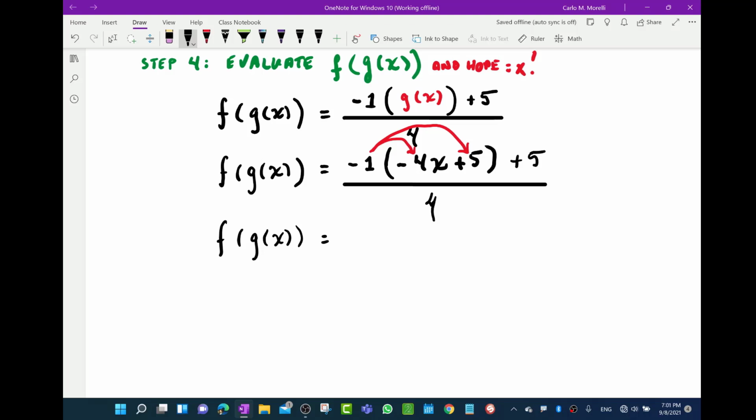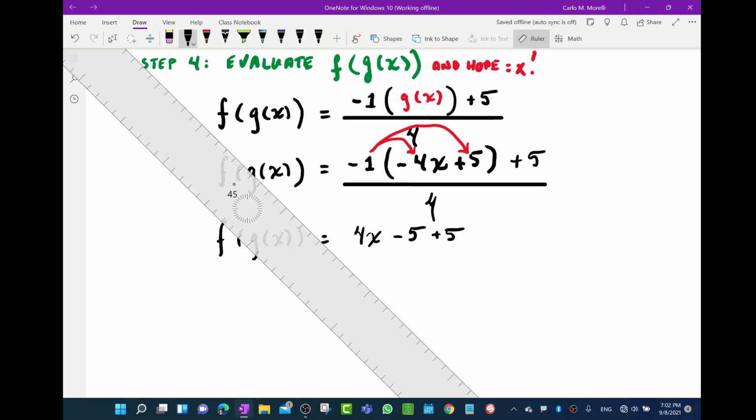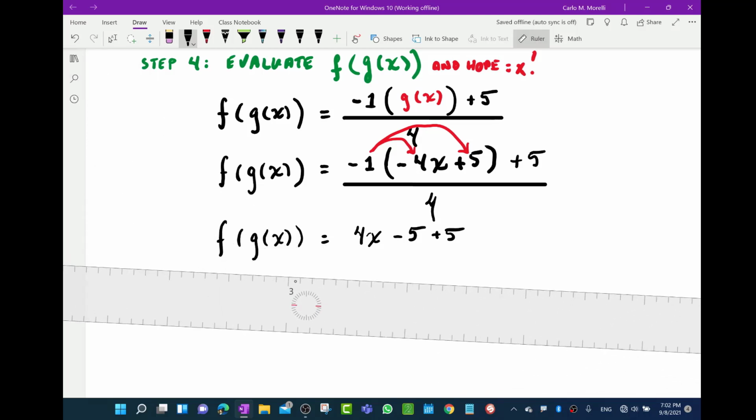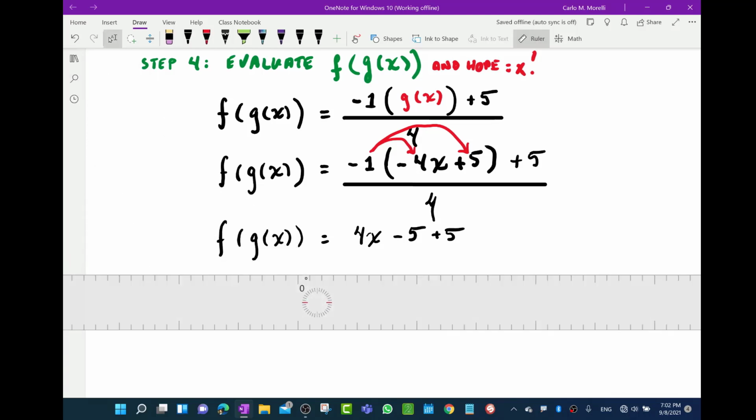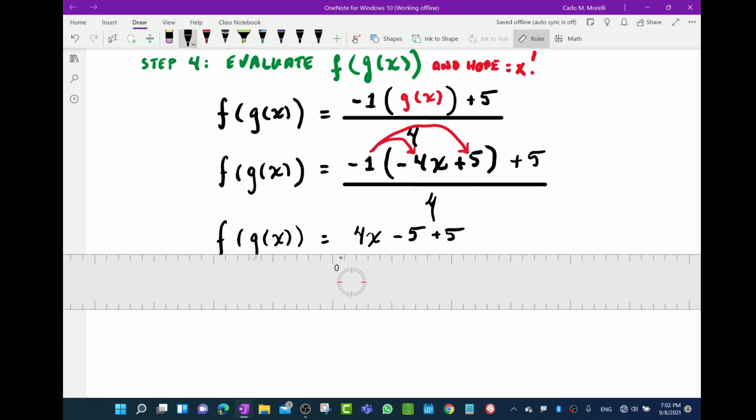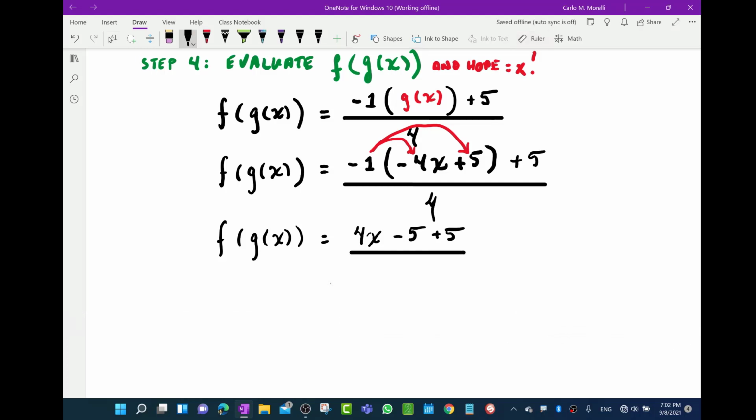We just have negative 1 times negative 4 gives us positive 4x. And then negative 1 times positive 5 is negative 5. Bring in that plus 5, fraction bar, over 4.